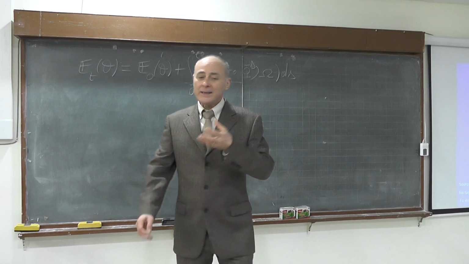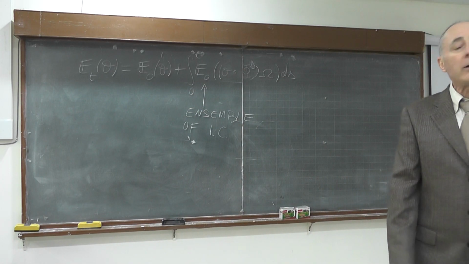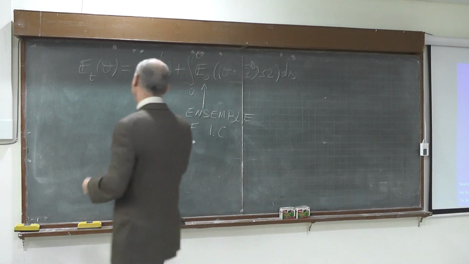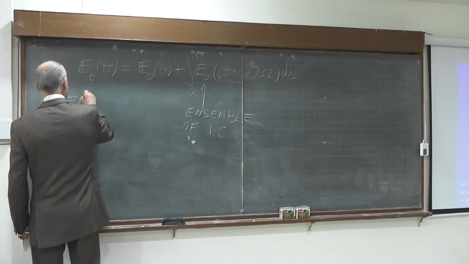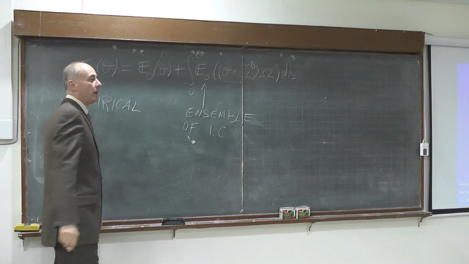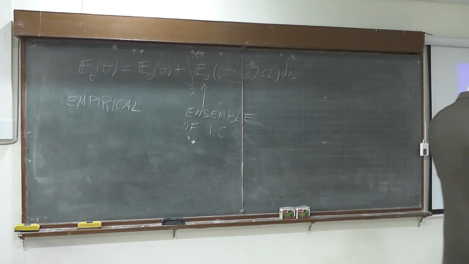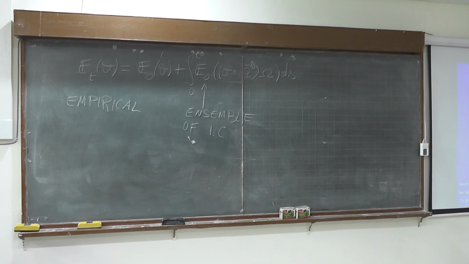But suppose that things are more complicated. What do you do? Then you have to rely on what is called an empirical distribution, not a theoretical one. An empirical distribution means something that you get by getting your hands dirty.